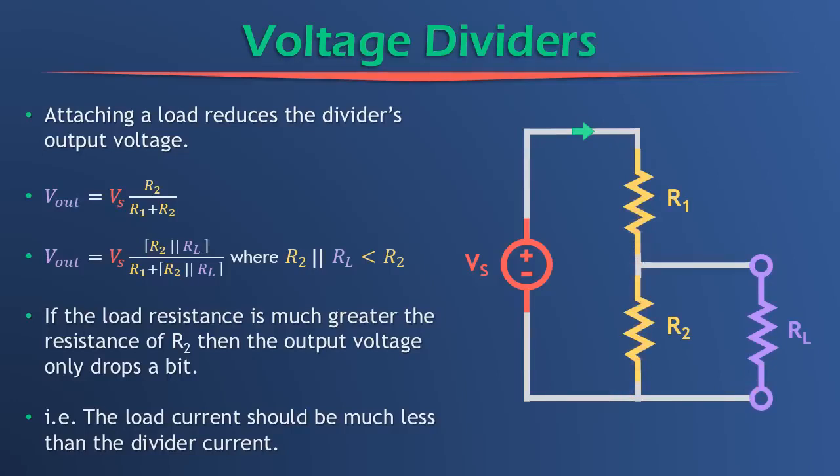So if we knew that our load was going to draw 10 milliamps, then we should ensure as a rule of thumb that the current through R1 and R2 is at least 10 or maybe even 100 times greater than the 10 milliamps flowing through RL. That's going to ensure that the voltage across RL is close to what we intended it to be.